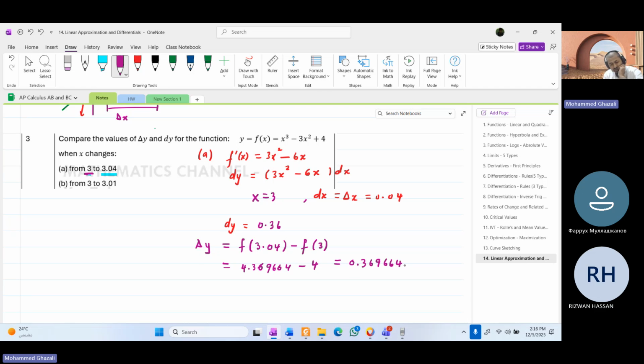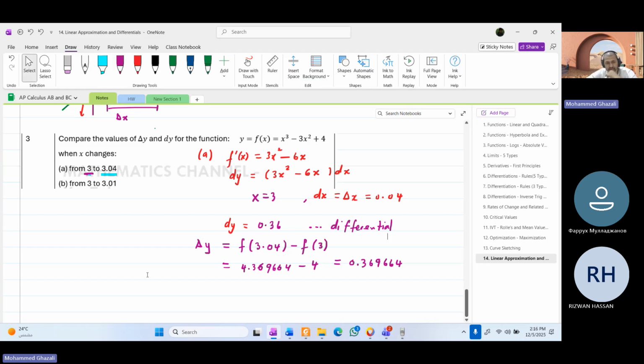This is the actual change, and this is the differential change. Linear approximation, or not linear, but yeah. It's like saying the particle moved horizontally.